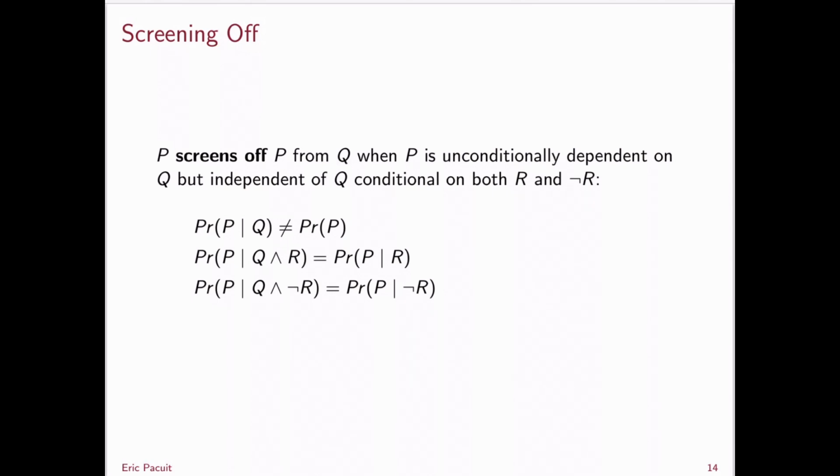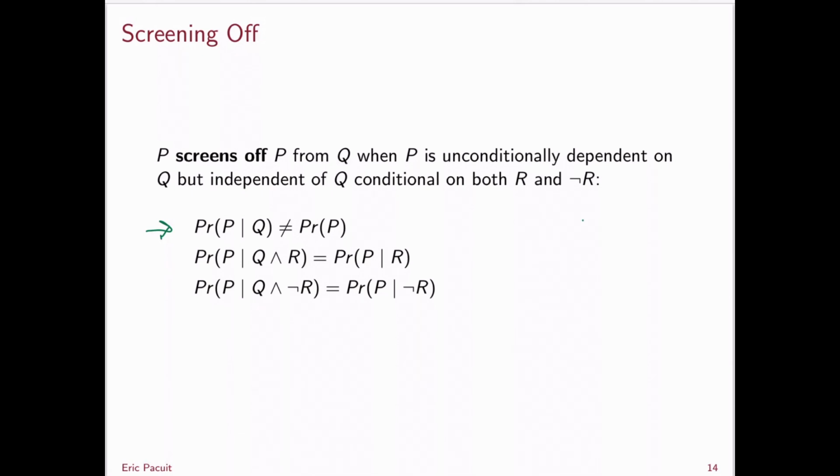So we say that R screens off P from Q when P is unconditionally dependent on Q, but independent of Q, conditional on both R and not R. That is, the probability of P given Q is not equal to the probability of P. So Q lowers or raises the probability of P, but conditional on R being either true or false, the probability of P given Q and R is equal to the probability of P given R. And the probability of P given Q and not R is equal to the probability of P given not R.